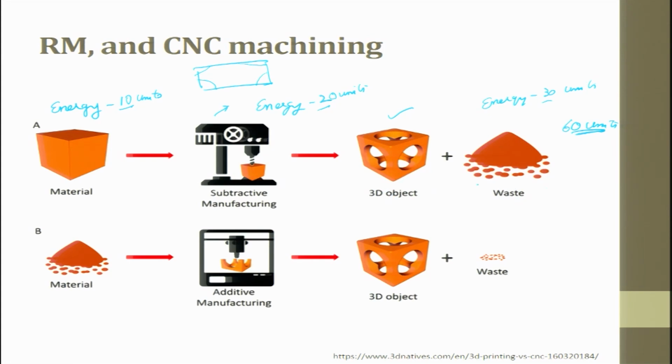Waste is the scrap which comes out of this, and on top of it you will also use coolant, and all these things are collected. So, this is waste which is generated. Now, there are 2 possibilities: from the waste you can recycle and go back, or you discard. When you discard, it is not called sustainable manufacturing.